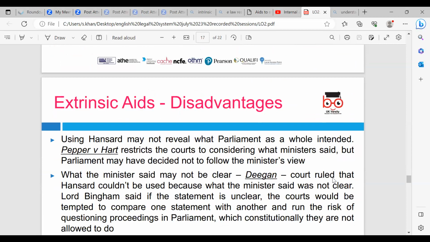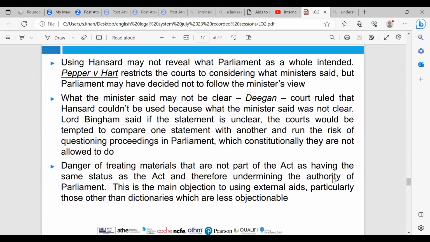Extrinsic aid disadvantages. Using Hansard may not reveal what Parliament as a whole intended, as in the case of Pepper v Hart, which restricts the courts to considering what ministers actually said, but Parliament may have decided not to follow the minister's view.